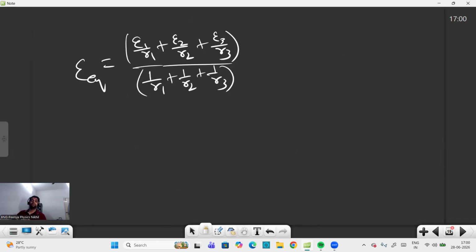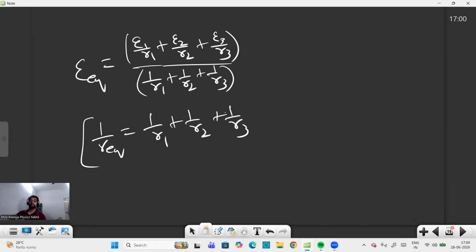This is the E equivalent. And at the same time, if I write the R equivalent, because the parallel connection is there, 1 by R equivalent equals 1 by R1 plus 1 by R2 plus 1 by R3. Correct. In this, we can write a note.